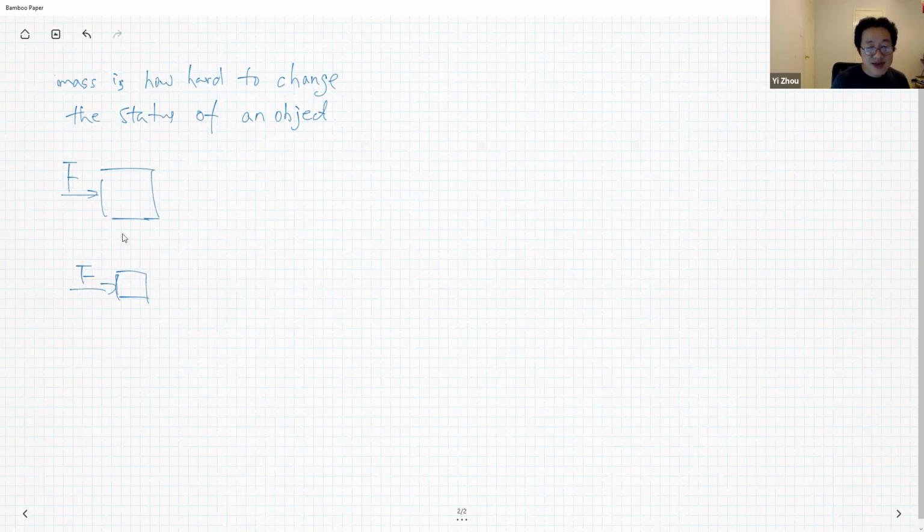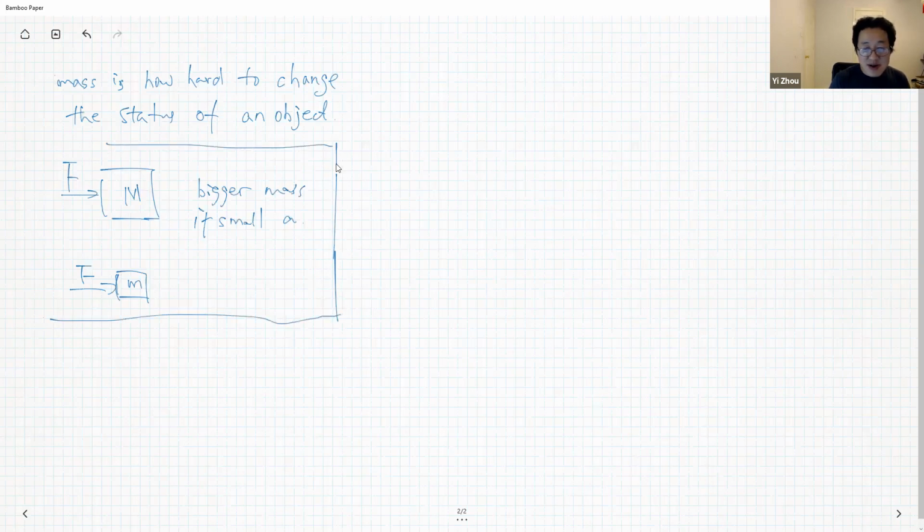If it's harder for the bigger one to gain speed and easier for the small one to gain speed, then we know the bigger one has bigger mass, because it has a small acceleration. So basically, this is the second law. But before we talk about the second law, this is how we think about it: mass is how hard it is to change the status.